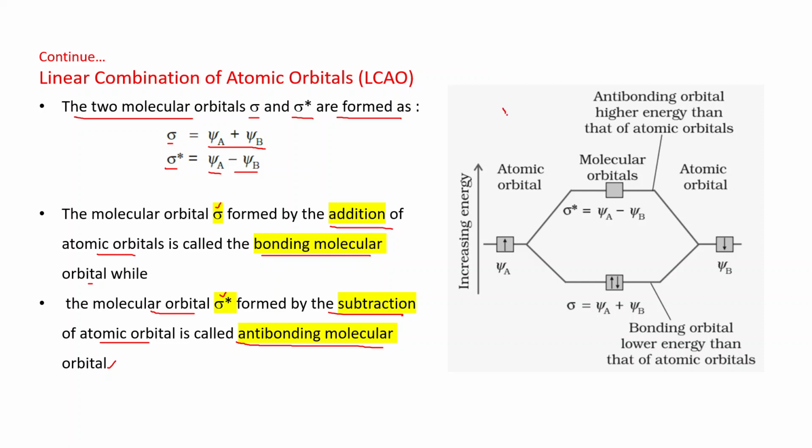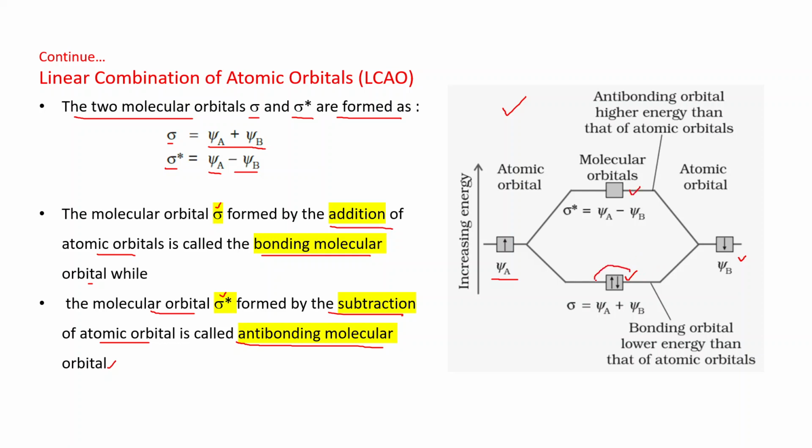Now let us see this diagram, representing the formation of molecular orbitals. This represents the atomic orbital of hydrogen atom A, and this represents the atomic orbital of hydrogen atom B. When these two combine, we get two molecular orbitals.